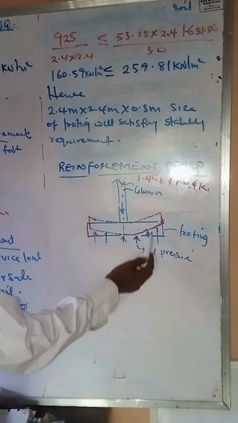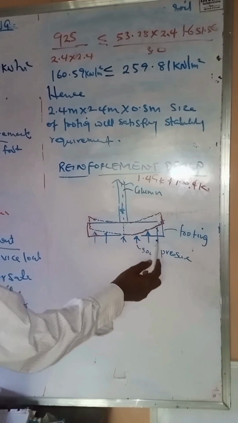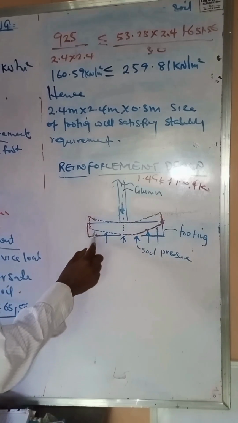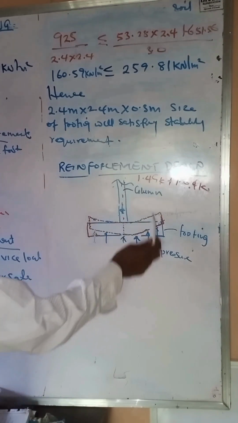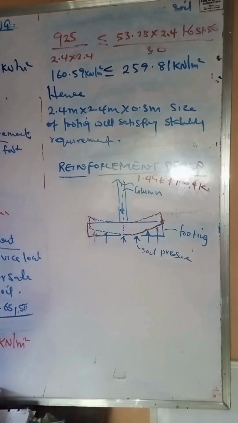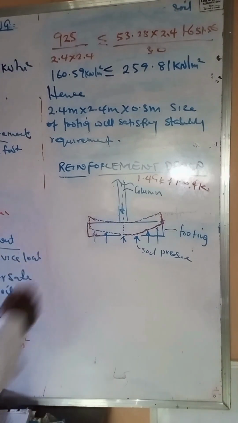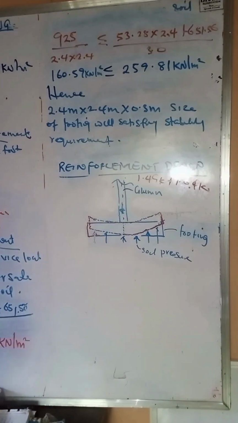So we're going to have upward pressure from the soil acting to cause an upthrust in the footing. All right. So if we have a situation like this, and we know that the resultant load is acting at the centroid of the footing, we are going to have a uniform distribution of pressure. All right. So the pressure is going to be acting on the footing uniformly.